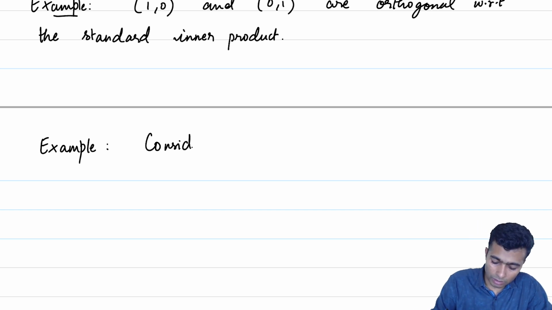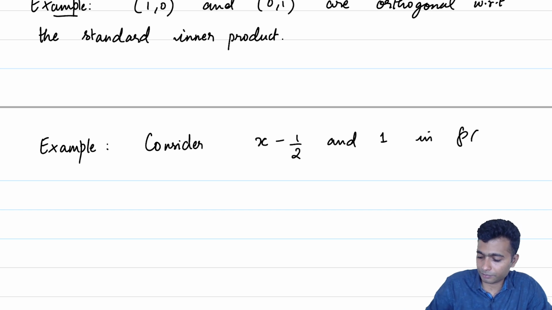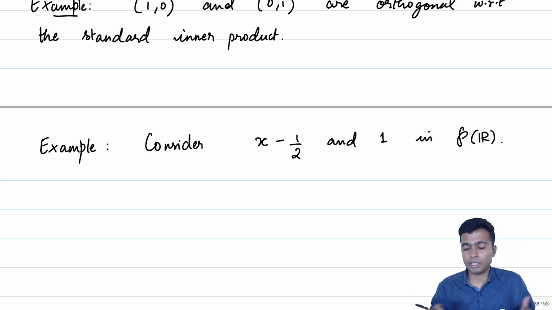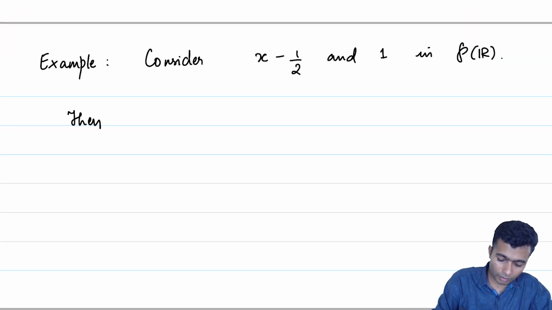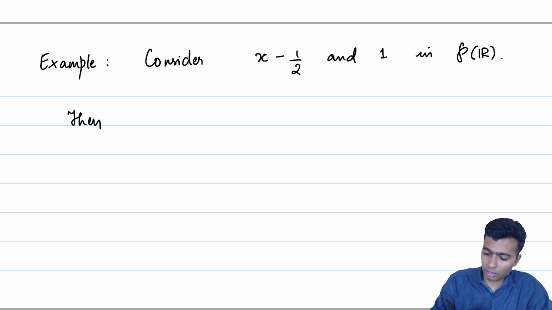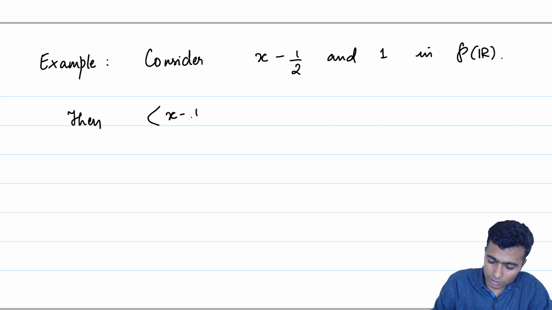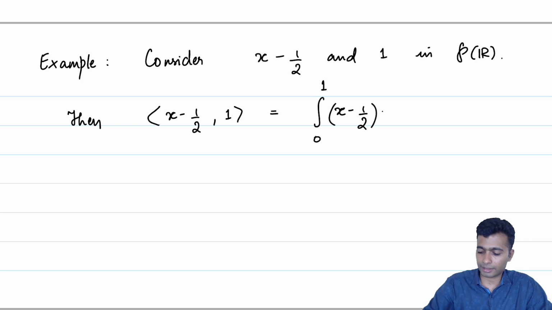Consider x minus 1/2 and 1 in P(R). Let's look at the inner product of these two with respect to both the inner products we had defined. The first one: the inner product of x minus half and 1 is the integral from 0 to 1 of (x minus 1/2) times 1 bar dx.